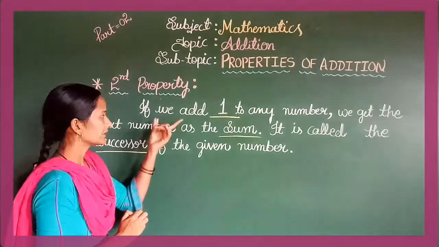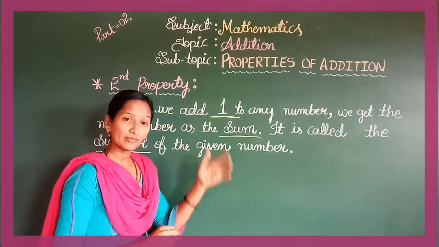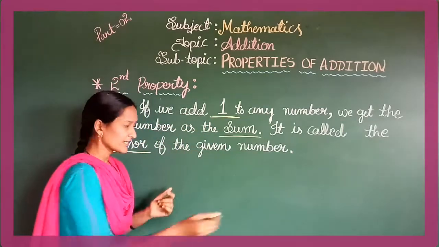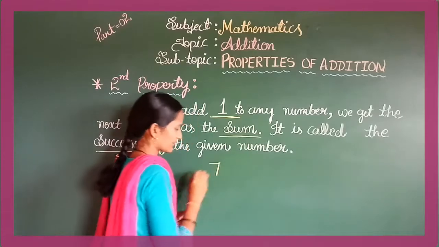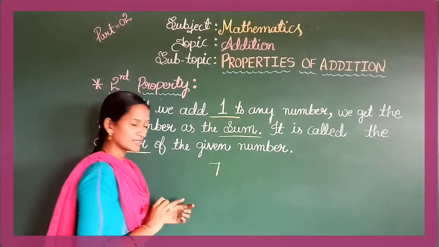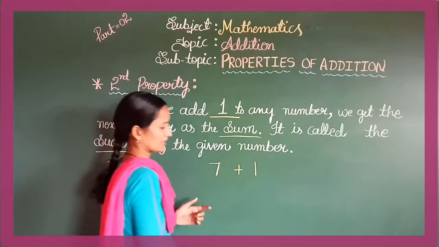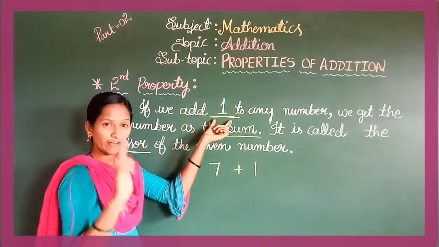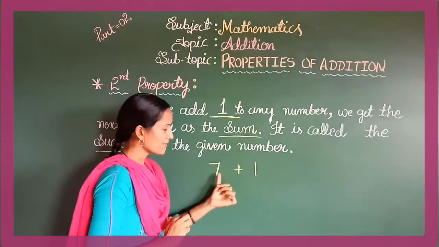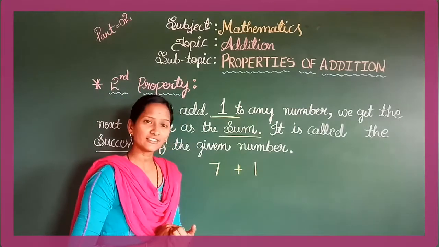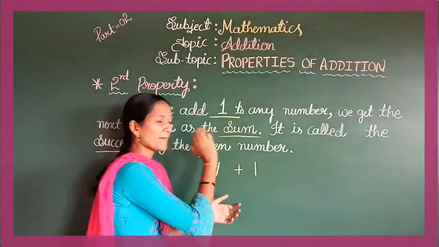Friends, look here. They told if you add 1 to any number, right? So I am taking the number 7. For this 7, I am adding 1. So 7 plus 1, what is the answer? Means what is the sum?